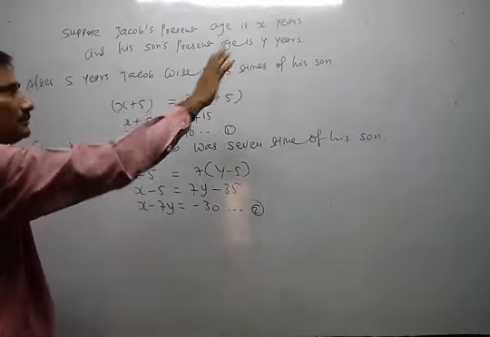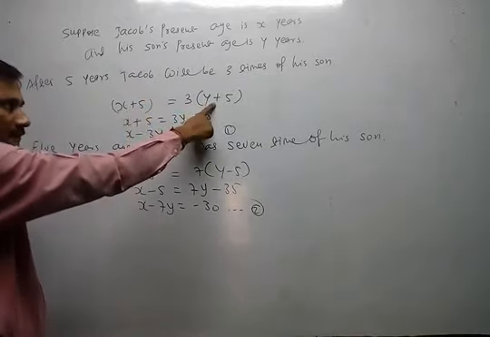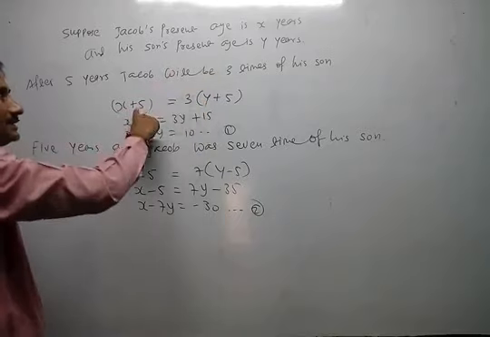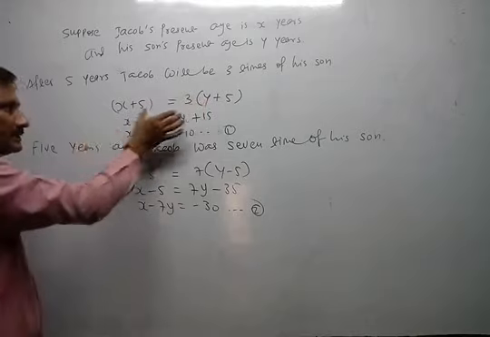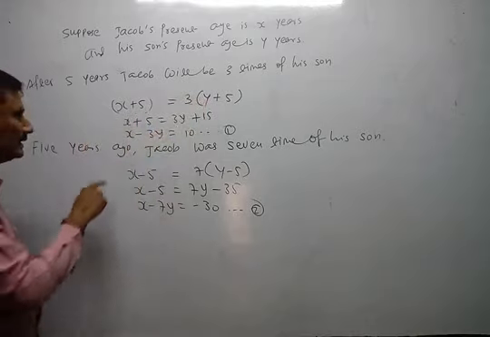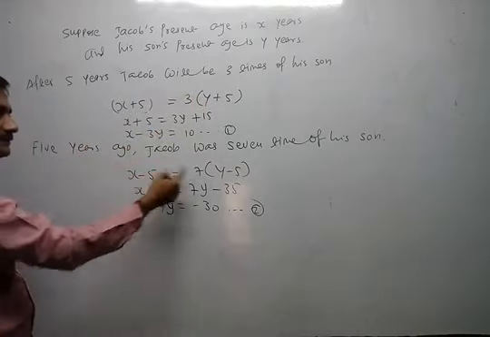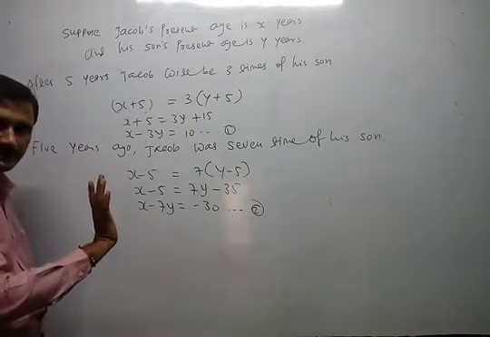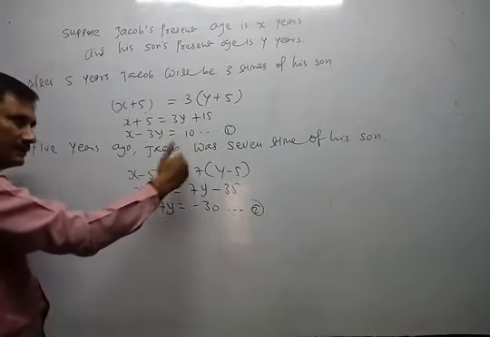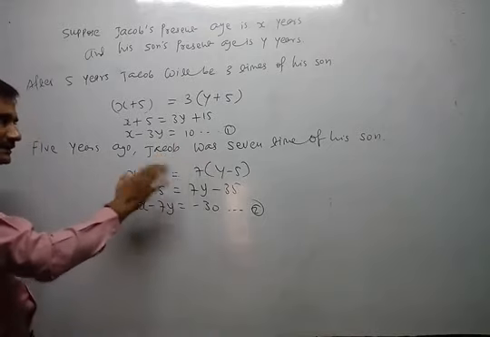Jacob will be 3 times of his son. So Jacob's and his son's ages are both increased by 5. Then according to that, we compare with 3 times. In the same way, 5 years ago means 5 is subtracted, and here is the relation of 7 times. Because the son's age is less, we multiply the son's age by 7.